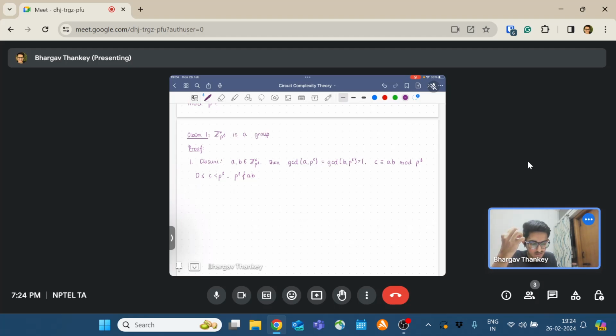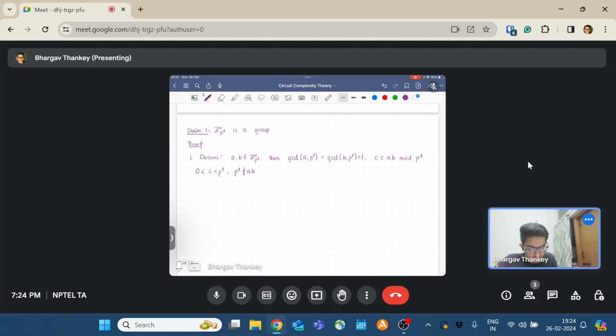Because they both are co-prime. If you factor out A and factor out B, there is no P in the factorization, right? So when you multiply A and B, you multiply the two factorizations, there is no P in the factorization still, right? So P to the L cannot divide AB.